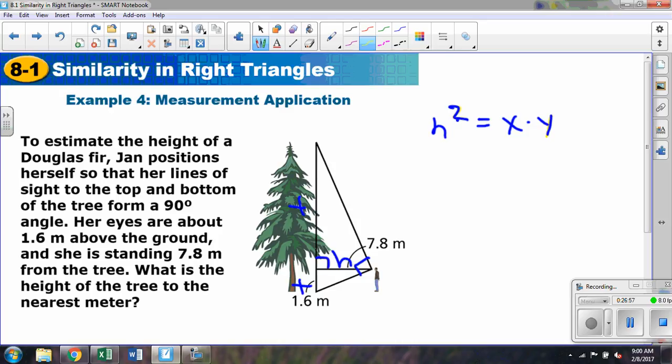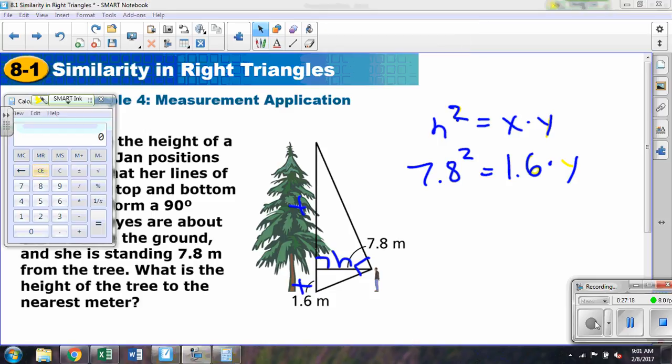If you have that equation memorized and you have it memorized where they go in the drawing, we could simply look at this and say 7.8 squared equals 1.6 times y. Okay, 7.8 times 7.8. Pull up our calculator. 7.8 times 7.8. 60.84.